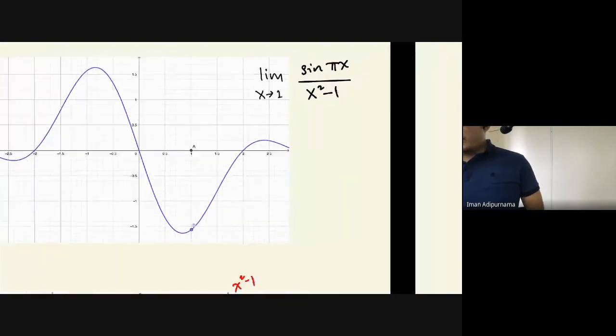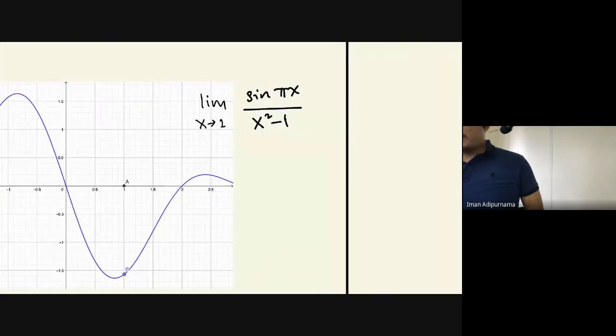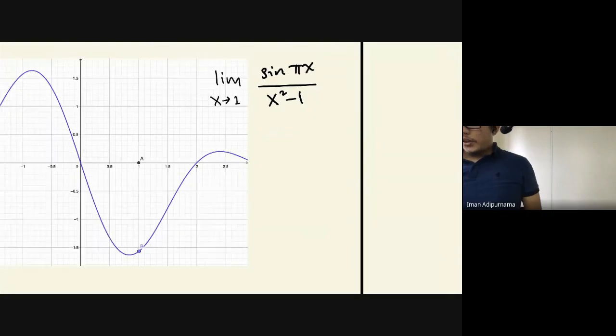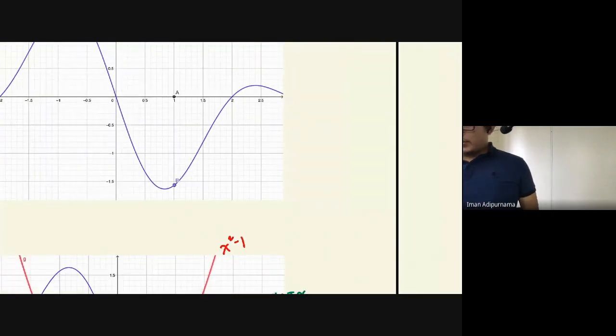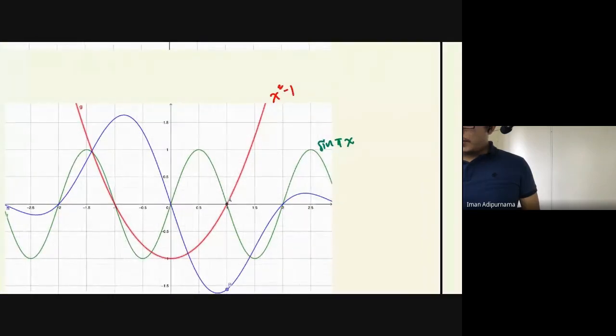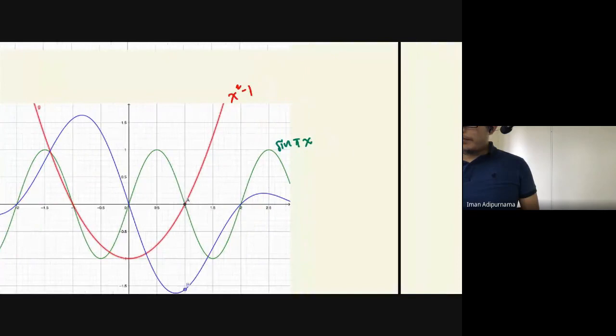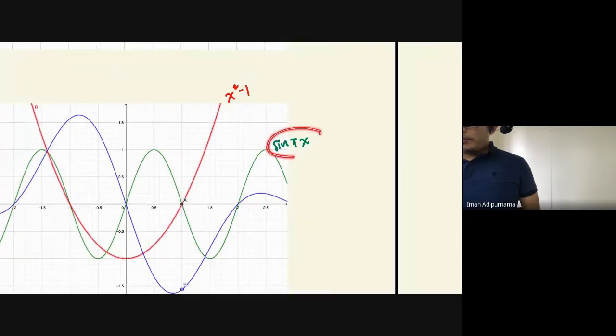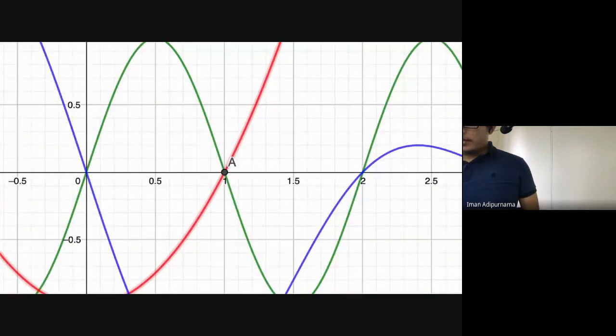But when we plug in the number, this is 0 over 0. If you draw, you can actually see what the limit is. When you separate the functions, the red one is x squared minus 1 and the green one is sine pi x. When x equals 1, they both are 0.